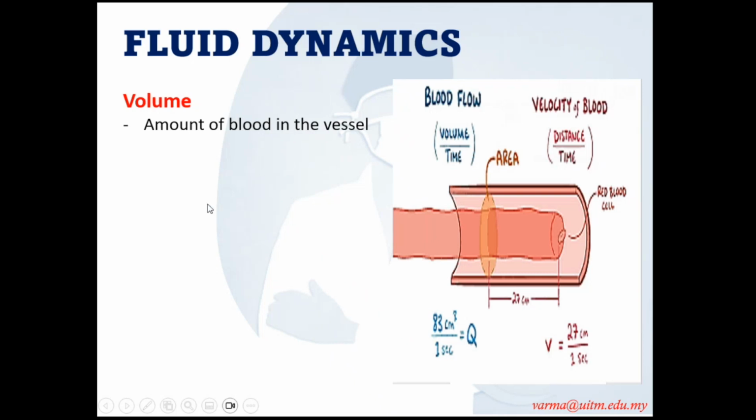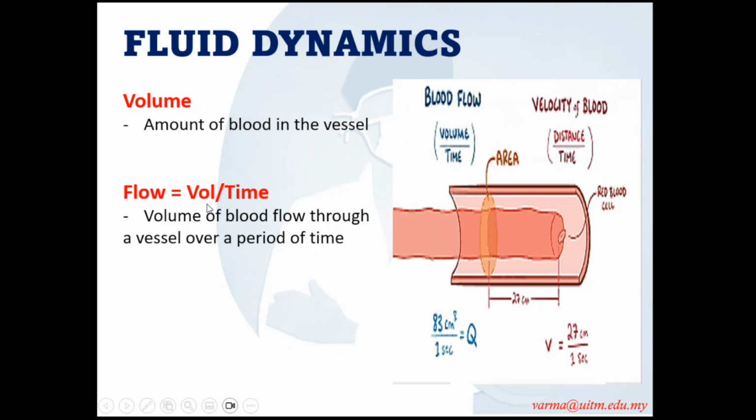Flow is the volume of blood flowing through a vessel over a period of time. Let's say it takes 1 second for the blood to reach from this point to this point. That is flow.